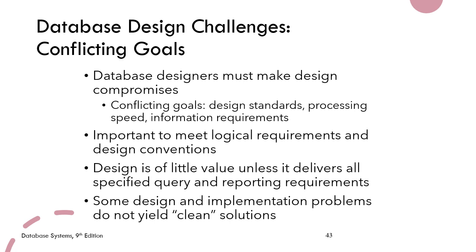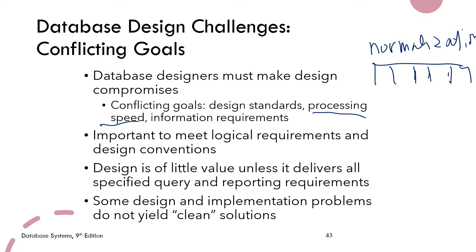Usually the compromise is on design standard and processing speed. In the case of processing speed, it is about the way data is kept. For example, they put everything in one single table. They do not do the normalization. It is not an error, it can be done.